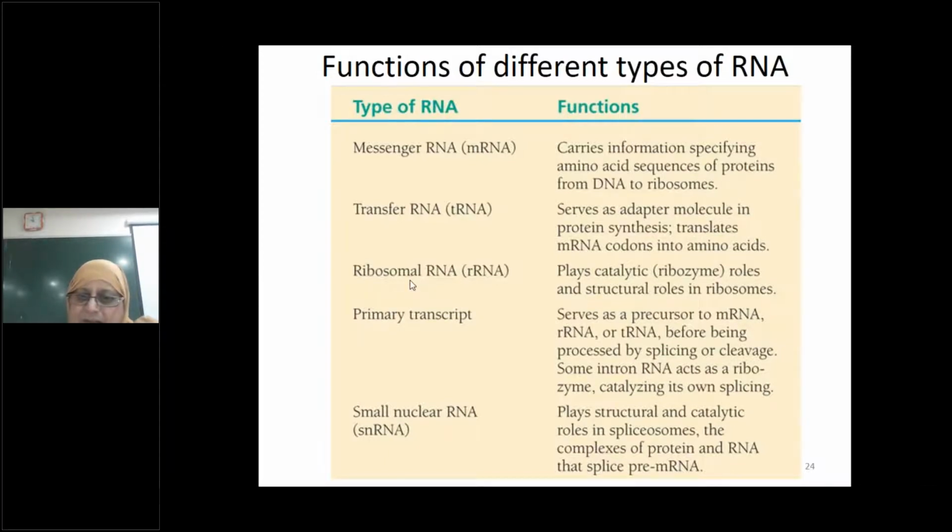Ribosomal RNA plays catalytic and structural roles in the ribosomes. The primary transcript is a precursor of messenger RNA, ribosomal RNA, or transfer RNA before being processed by splicing or cleavage. Small nuclear RNAs also play structural and catalytic roles in the spliceosomes.